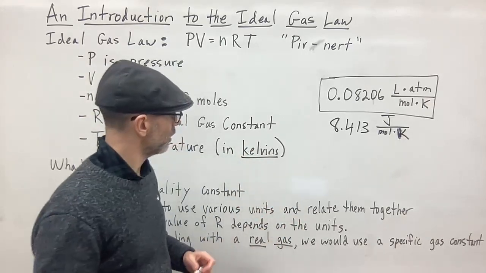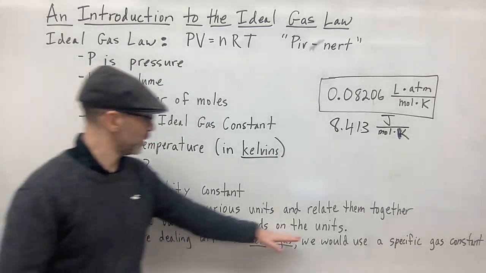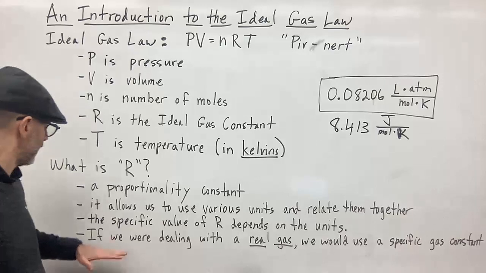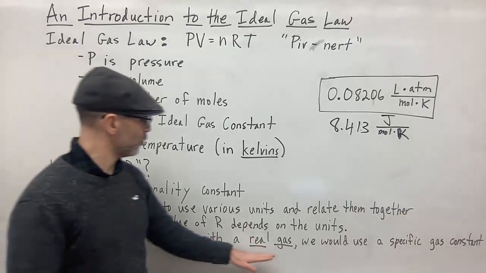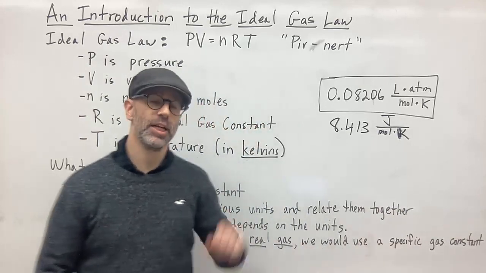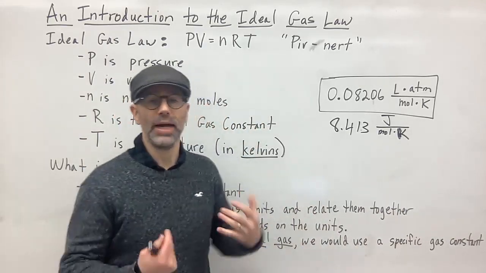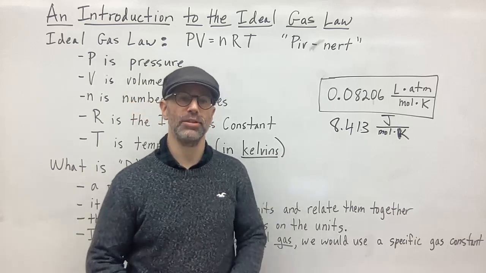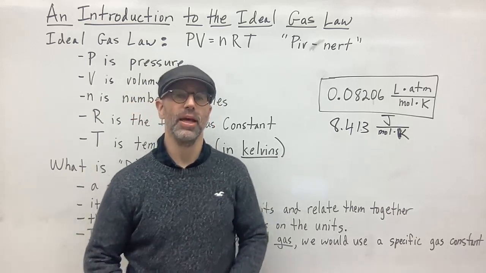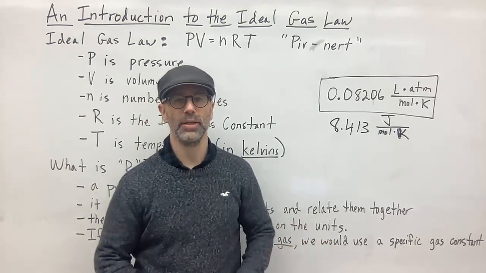So there you go. The specific value of R depends on the units. If we were dealing with a real gas, we would actually have a gas-specific R constant for that gas, right? But we're not dealing with real gases. We're going to be dealing with ideal gases, and I'll talk about the difference between a real gas and an ideal gas a little bit later.